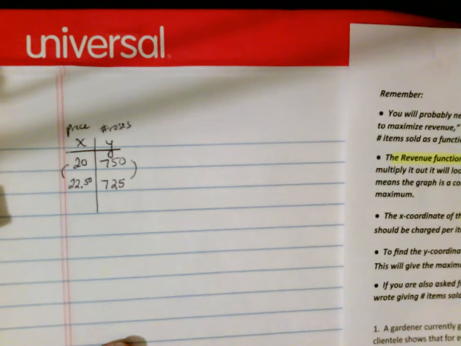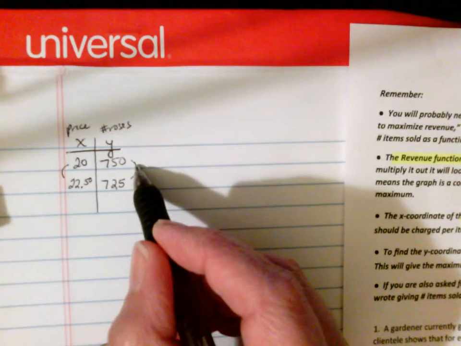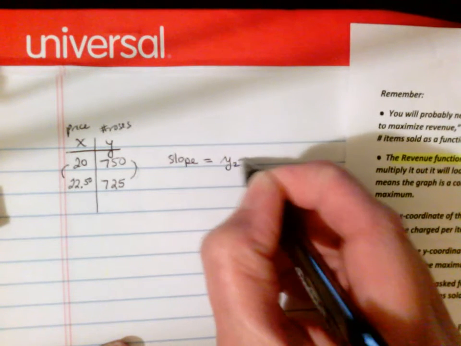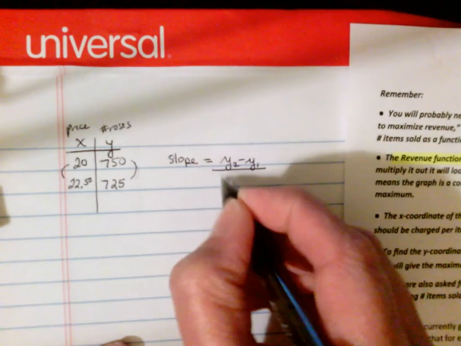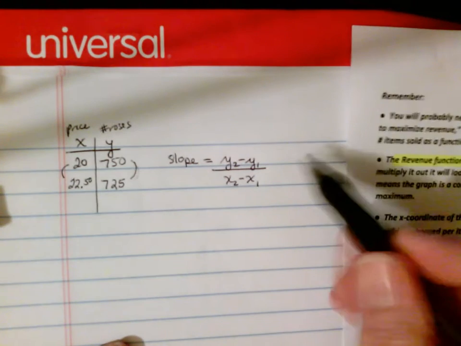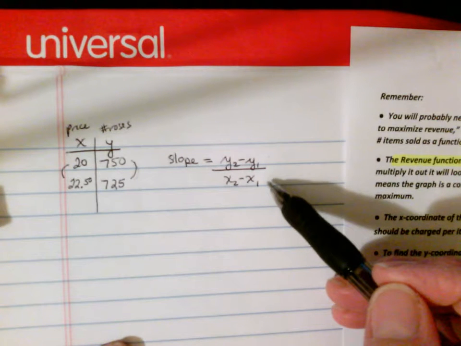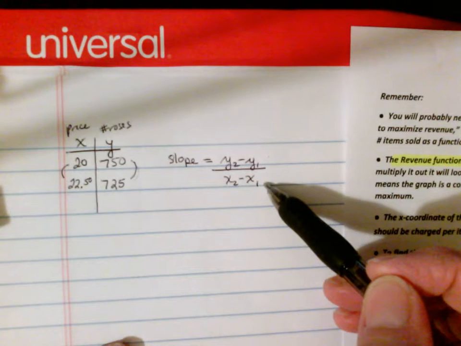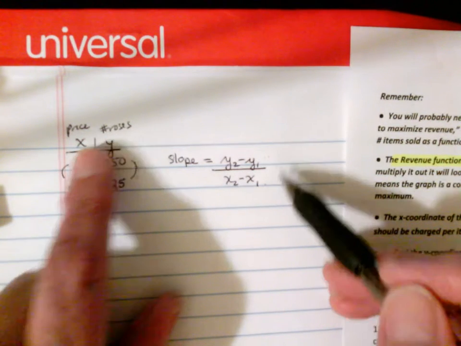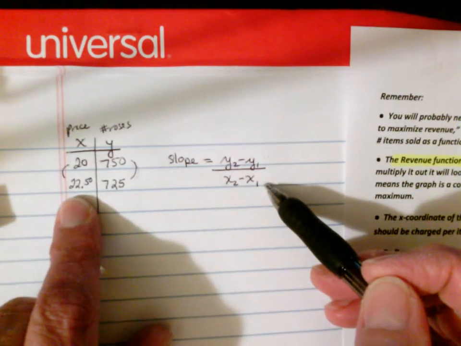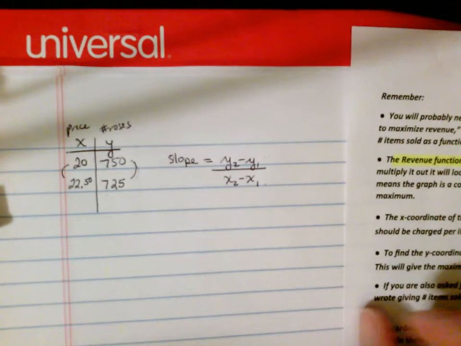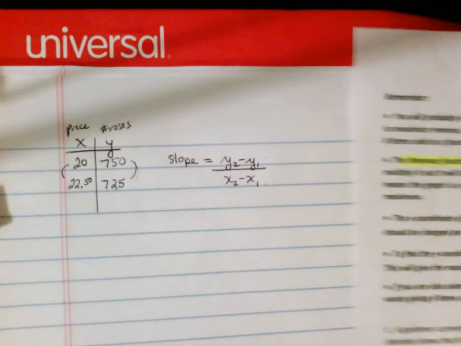So first I'm going to figure out my slope. Remember that slope is going to be the difference in the y values up top in the numerator divided by the difference of the x values. So it's going to be the change in y per unit change in x. In this case, it's going to be the change in the number of roses per dollar, since price is our x. The numbers that go in there are the ones that are in our table here.